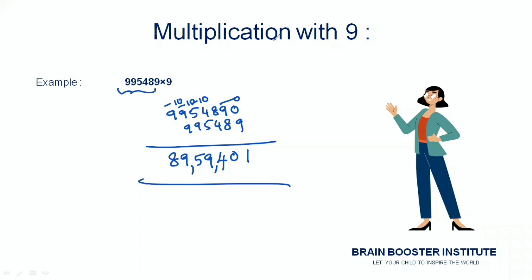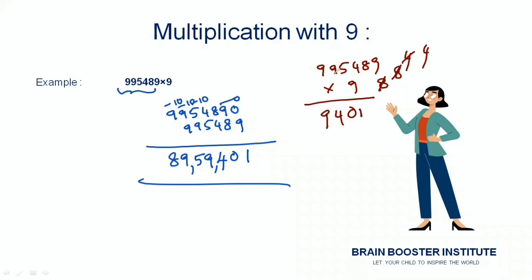Now let me take 9,95,489 and multiply with 9. 9 nines are 81. 9 8s are 72, 72 plus 8 is equal to 80. Now 9 4s are 36 plus 8 is equal to 44. And 9 5s are 45 plus 4 is equal to 49.